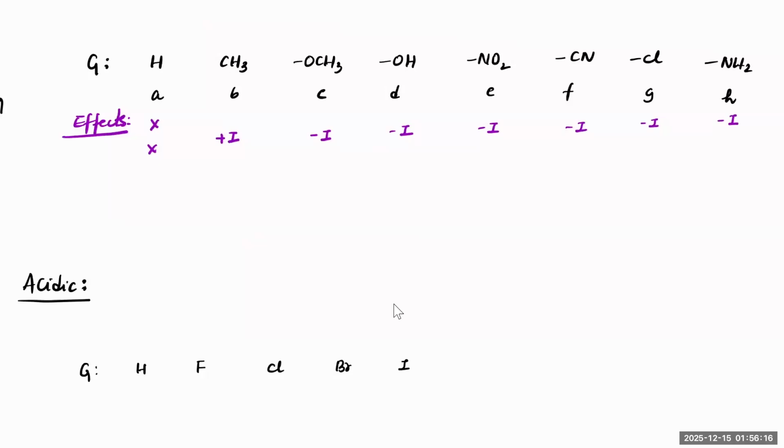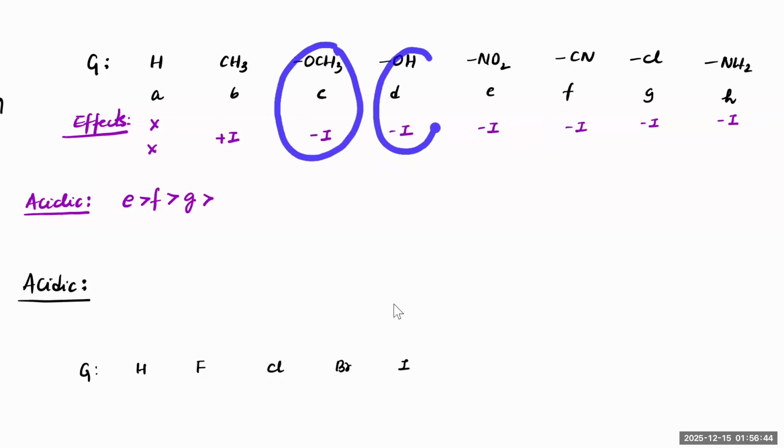Okay. So if you compare the acidic strength here, you need to just compare which has the highest minus I. The highest minus I is for NO2. So that makes it E. That is greater than cyanide. That is greater than the minus I of chlorine, which is G. Then between these two, OCH3 has more minus I than OH.